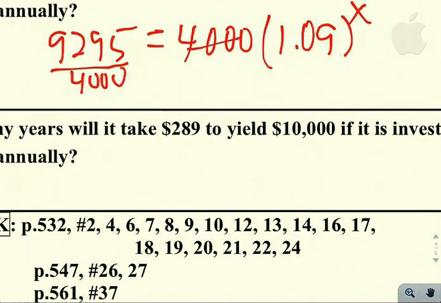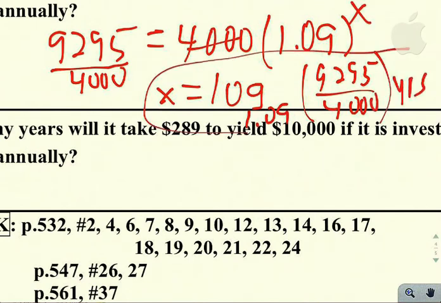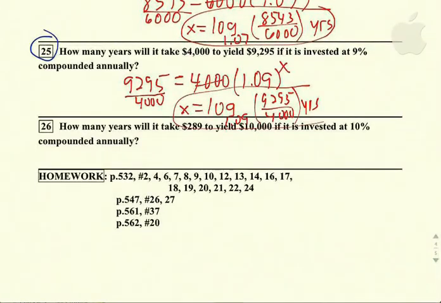Now it's in exponential form. Put it in log form. X equals log to the base 1.09 of 9295 over 4,000 years. And that ends that.